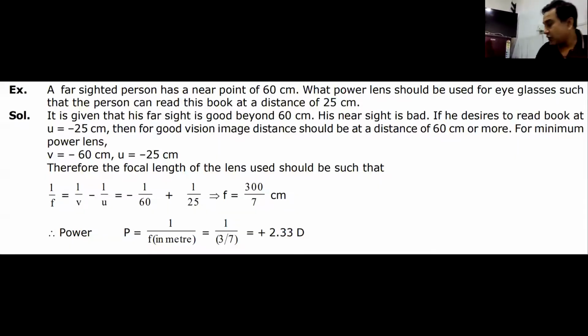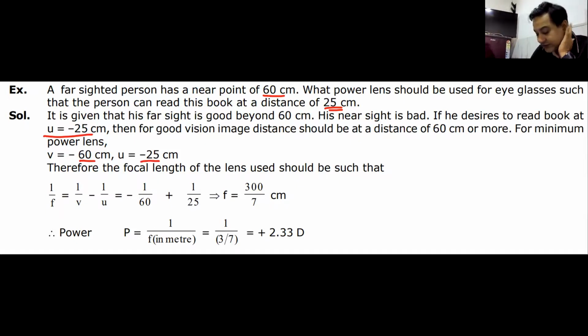So how I got to do this is pretty simple. No complications here. I have to see an object at 25. So my U becomes minus 25. Yes or no? V is minus 60. My near point is minus 60. My U is minus 25.